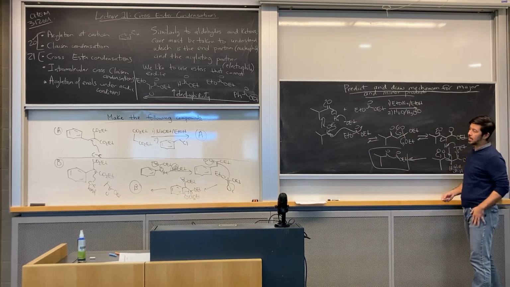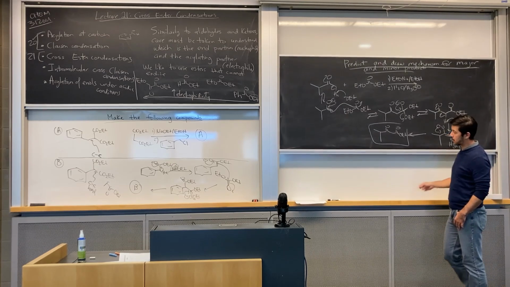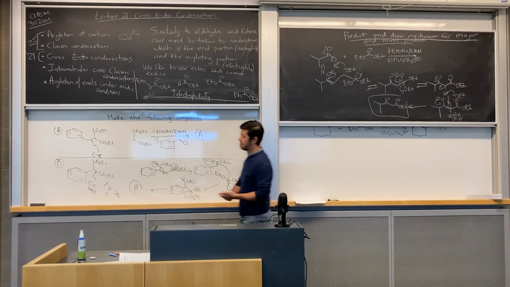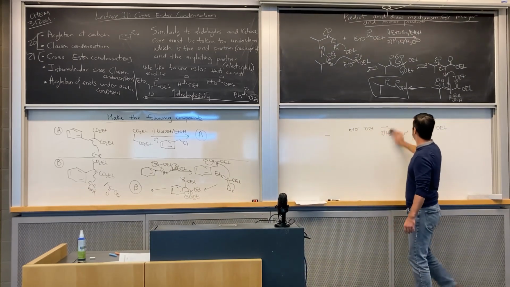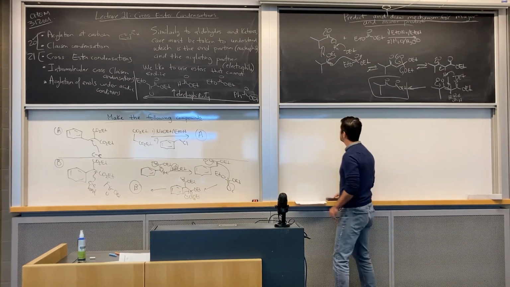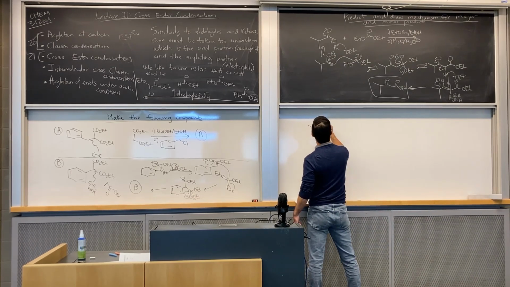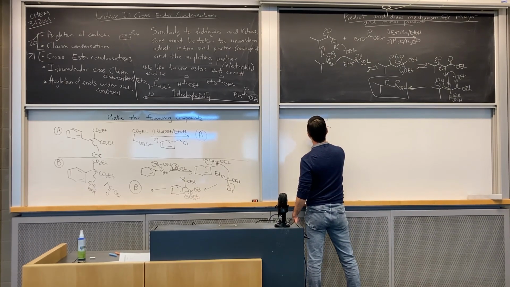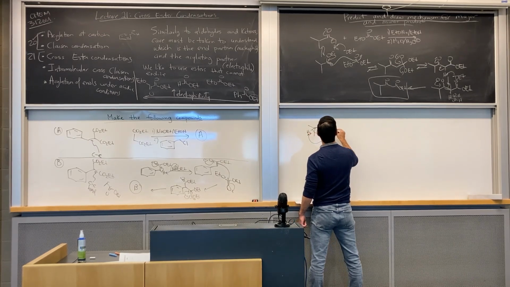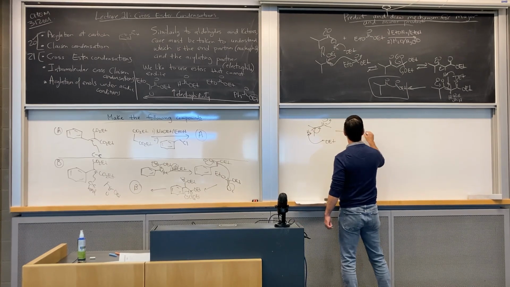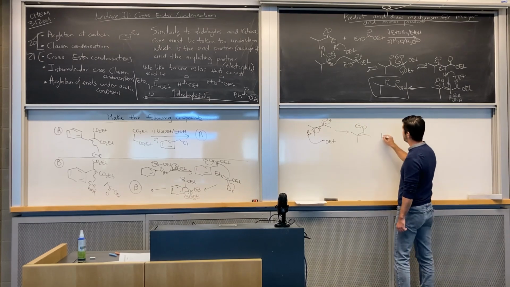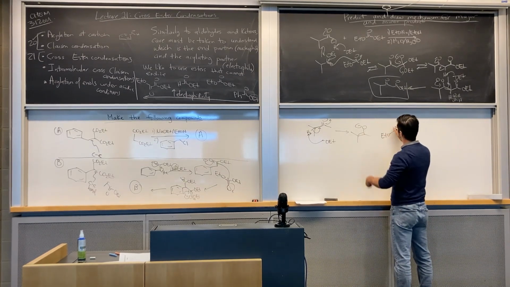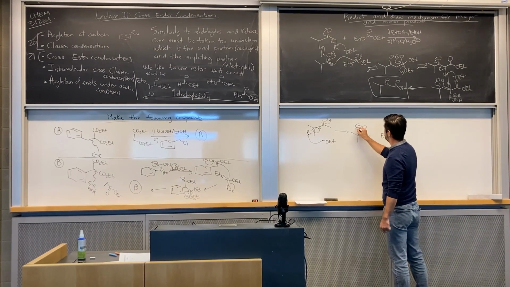If we take HA, let's look at the scenario if we take HB. Take HB, you form an enolate like this. This will react similarly to like I'm showing you up there. Electrons come down.